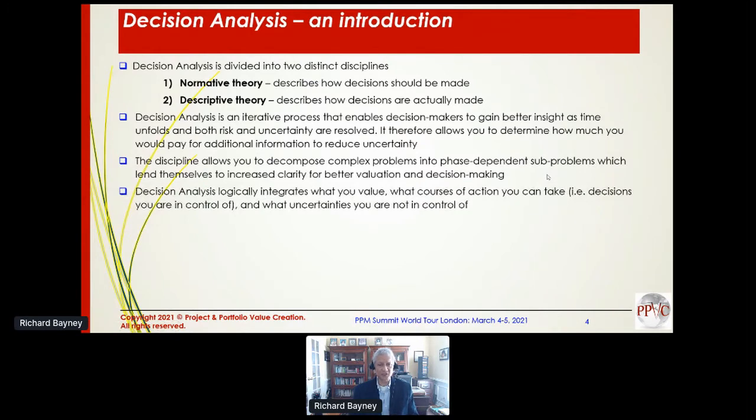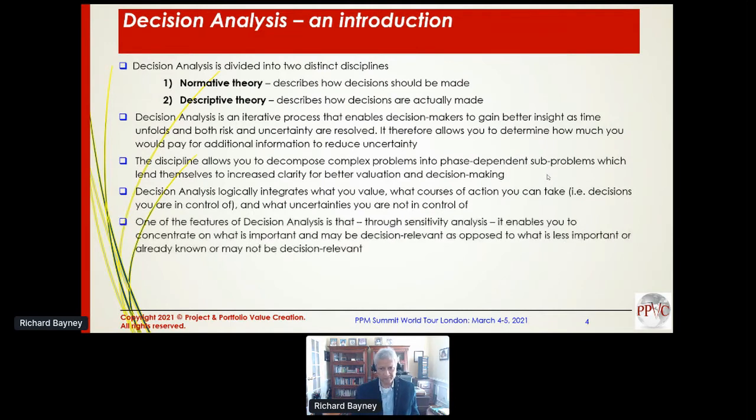Now, decision analysis logically integrates what you value, what courses of action you can take, that is, what decisions you are in control of, and what uncertainties you're not in control of. One of the many features of DA is that through sensitivity analysis, it enables you to concentrate on what is important and maybe decision relevant, as opposed to what is less important.